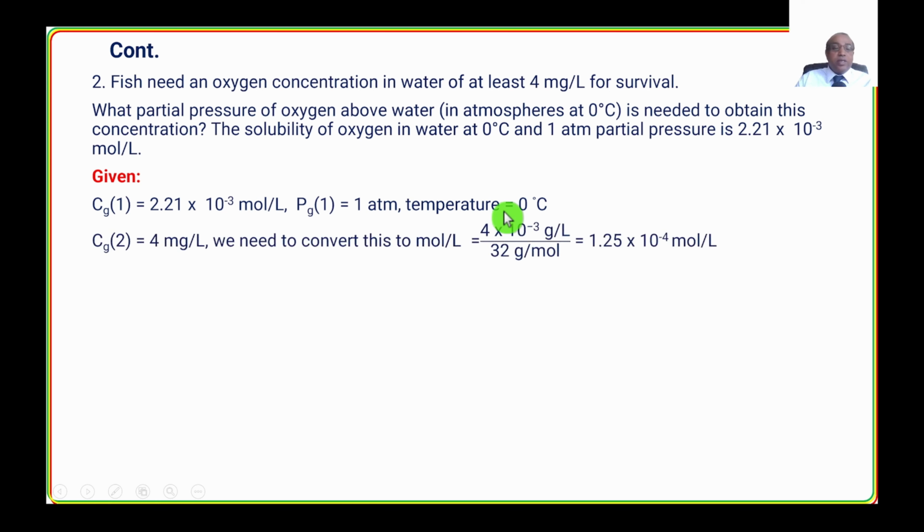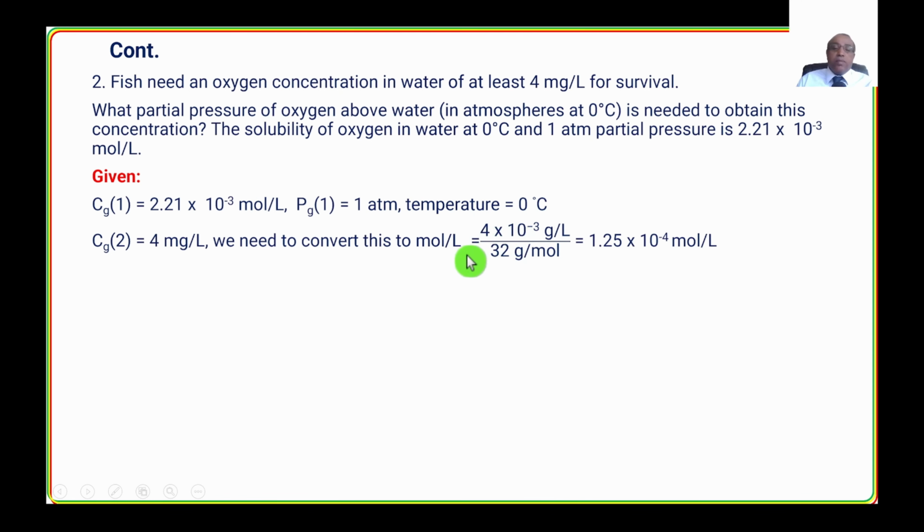Now in the second case, the concentration is given, but we need to convert it into molarity. So we need to convert 4 milligram per liter to mole per liter. First, convert milligram to gram: 4 times 10 to the power of minus 3 gram per liter. Then convert that mass into number of moles.